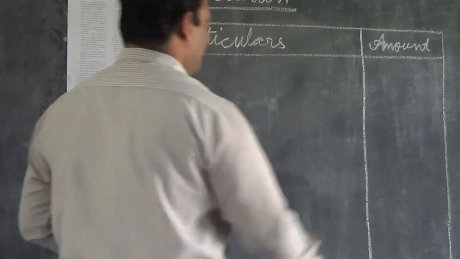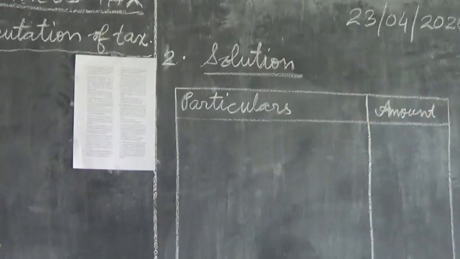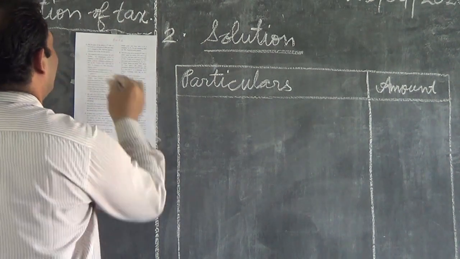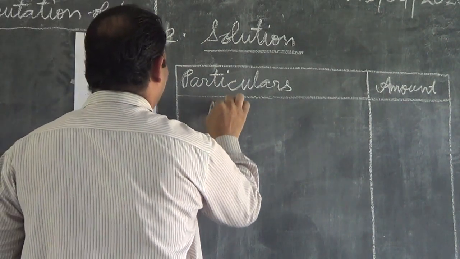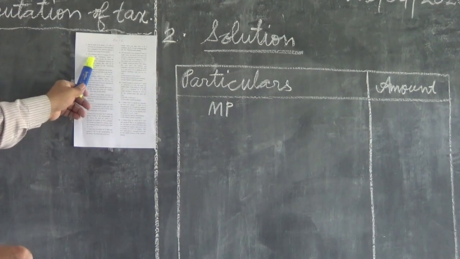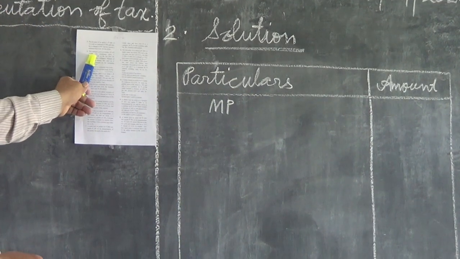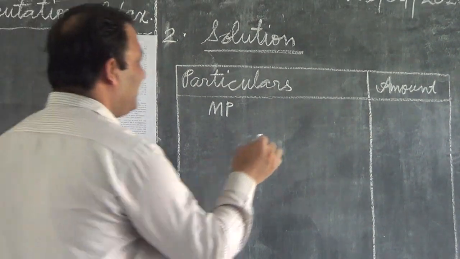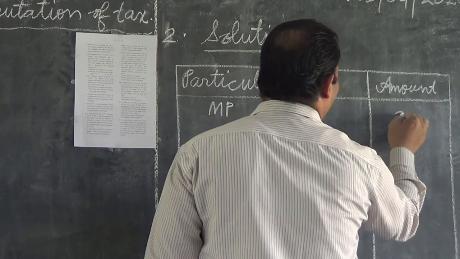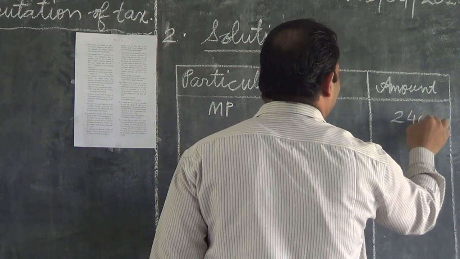I am not drawing the last bottom line because we do not know how far it will go. So I will write here first MP, mark price. How much is it given, children? You see, mark price is 2,400. So here I will write 2,400. Even if you don't write the rupee symbol here, all right.